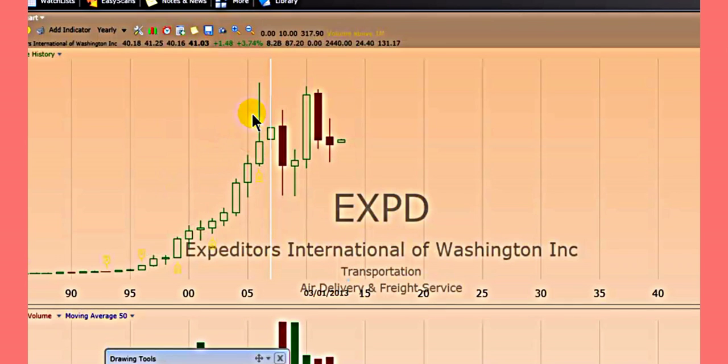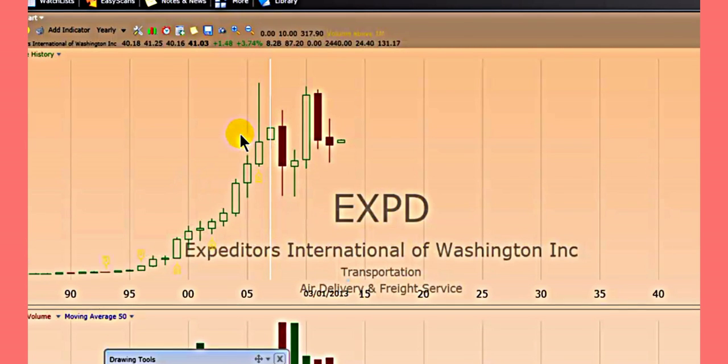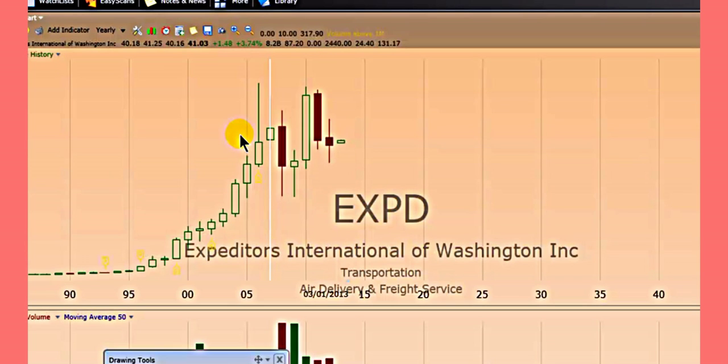We will look at this and see whether we have a running flat correction, an expanded flat correction, or a classic flat correction. We want to understand what a correction is and the different patterns that belong to the group of Elliott wave corrective patterns.